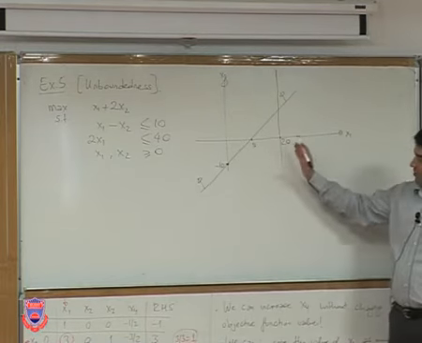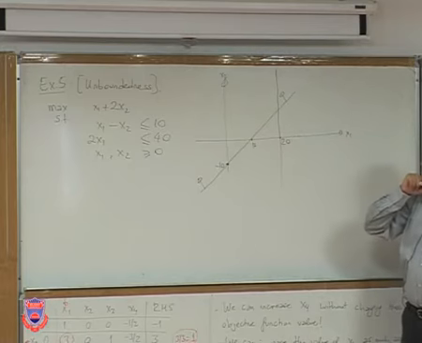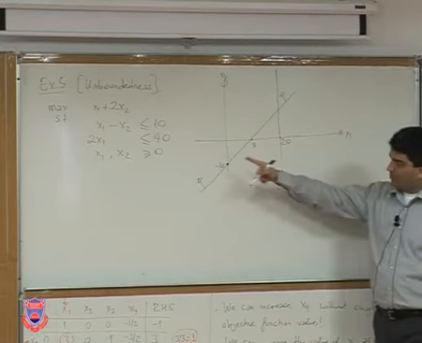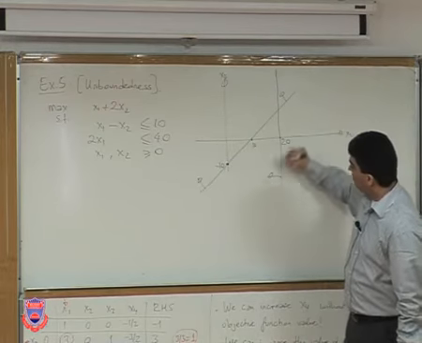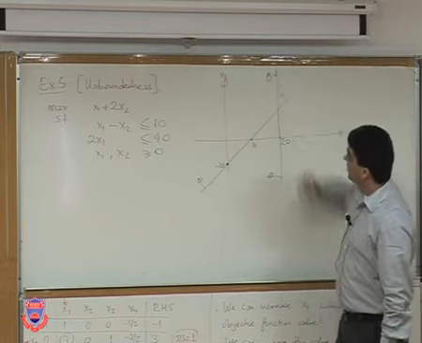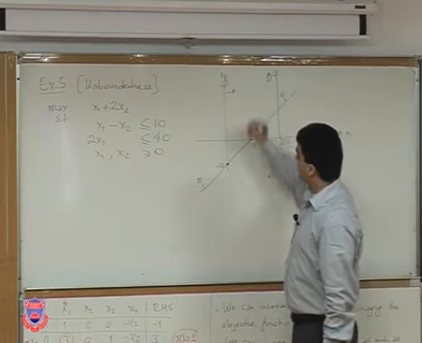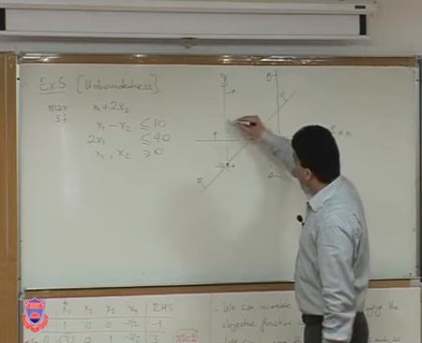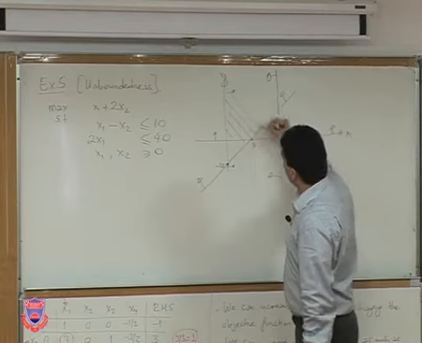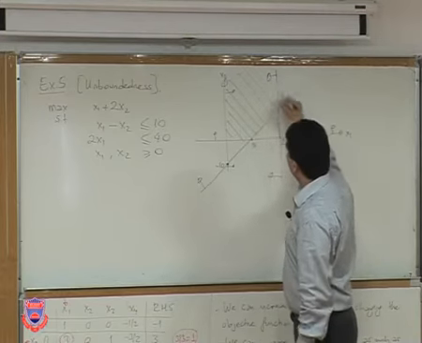Should I pick the left side or the right side to satisfy the constraint? Again, plug in 0, 0. Obviously, this is satisfied. So I'm going to pick everything on or to the left of this line. Then I have non-negativity for x1, x2, which means that everything should be in the first quadrant. Then my feasible region will be given by this area, basically.